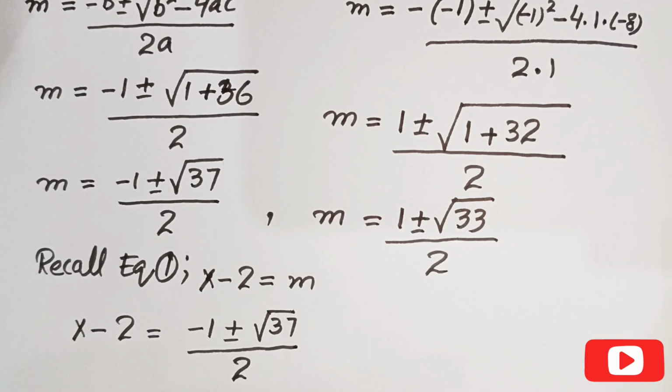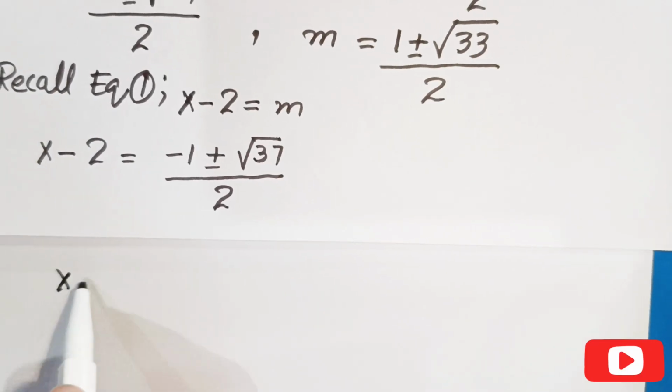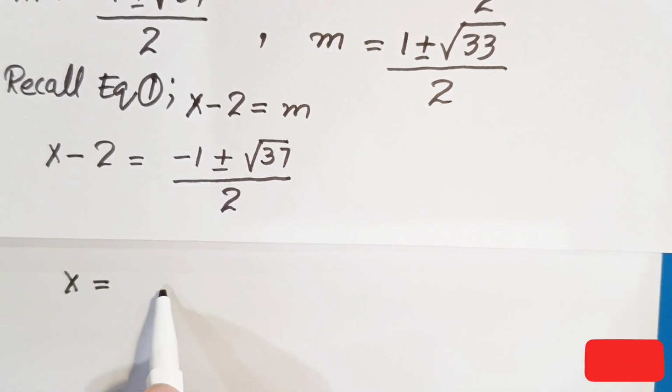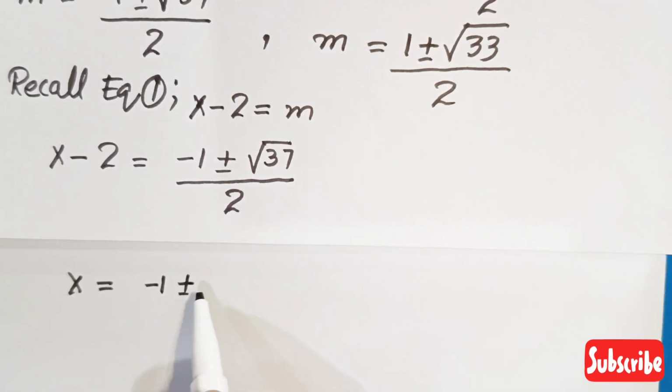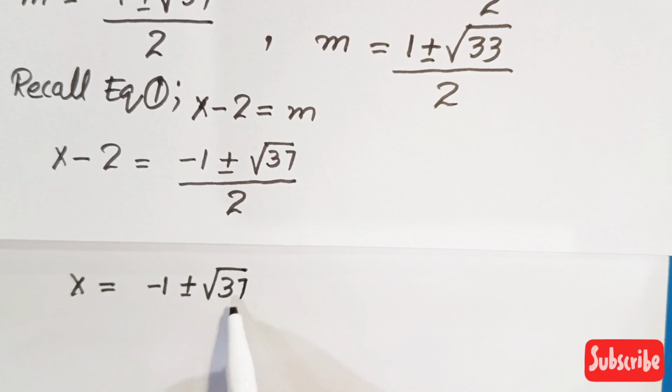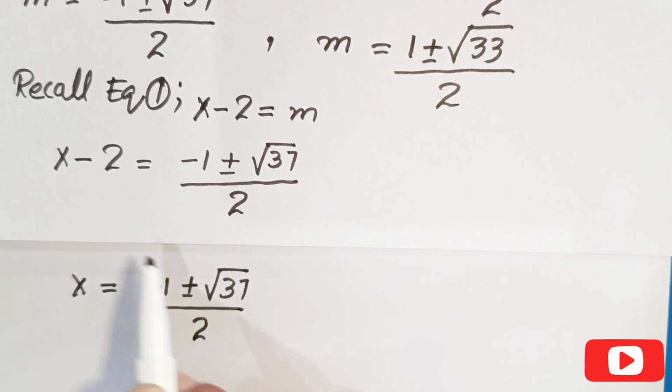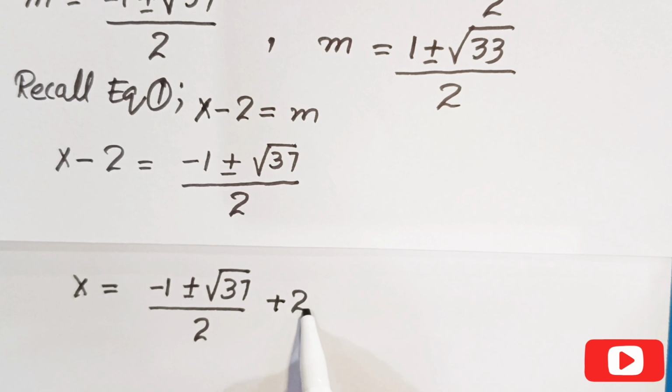First of all, we have to solve the value of x from this equation. Now x is equal to, shifting this minus 2, we get minus 1 plus minus square root of 37 all over 2, and this minus 2 will be plus 2.